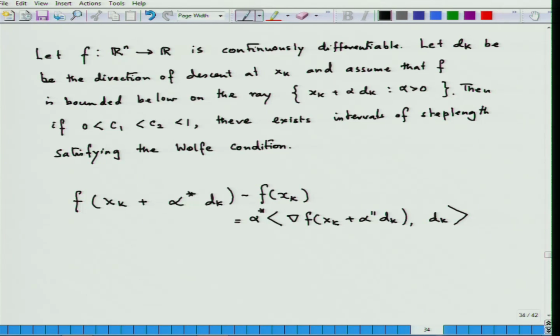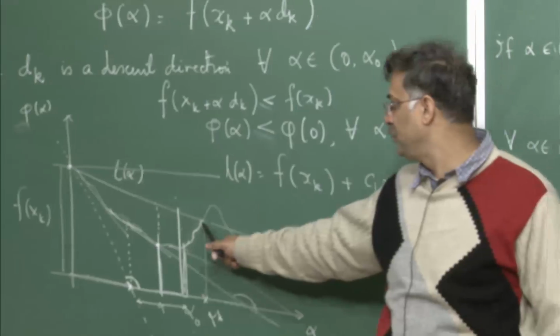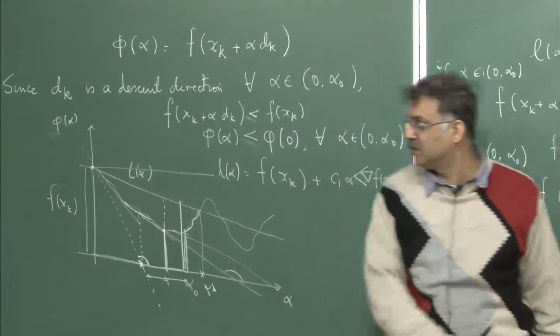Now we also have this expression, that was from there, because at this point alpha star the line comes and intersects the curve.